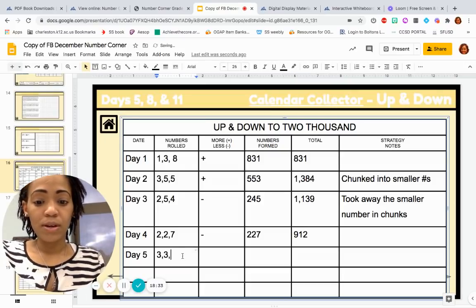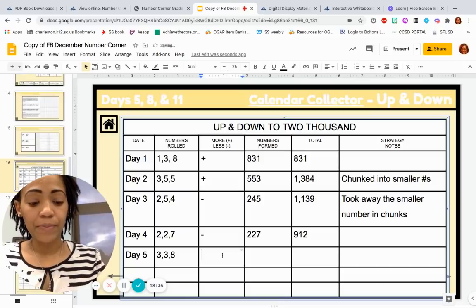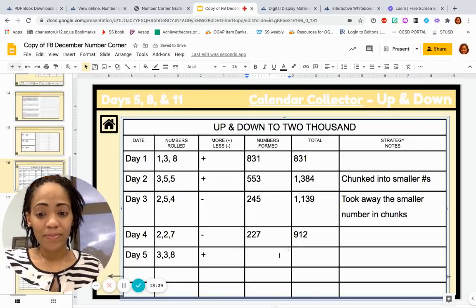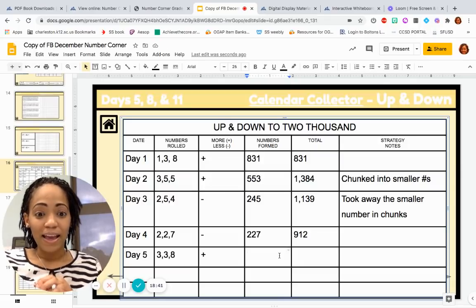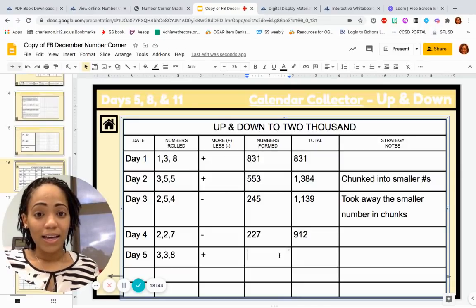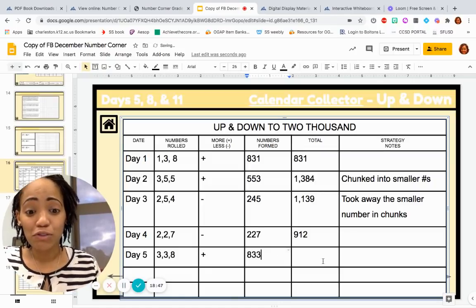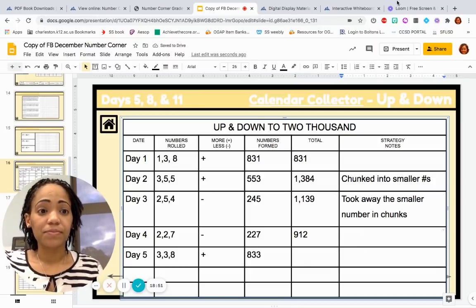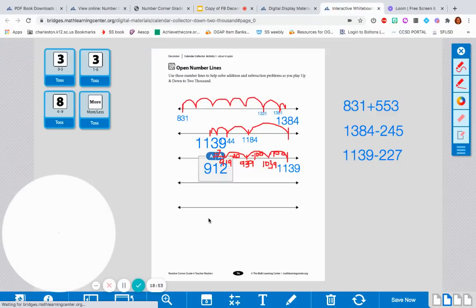So you can make your number, figure out your total. And right, we're adding. So we want to do 833. Go ahead and add it to 912.